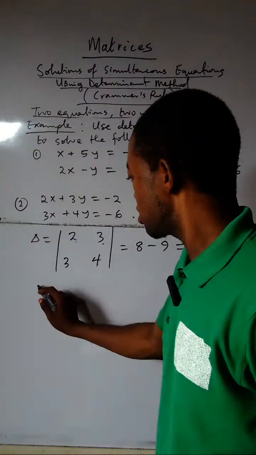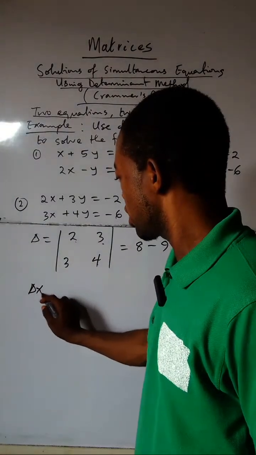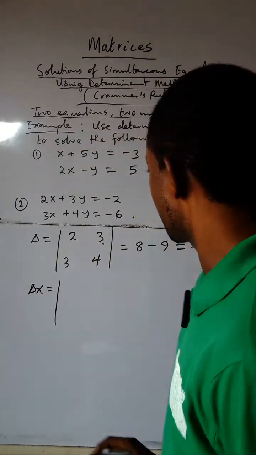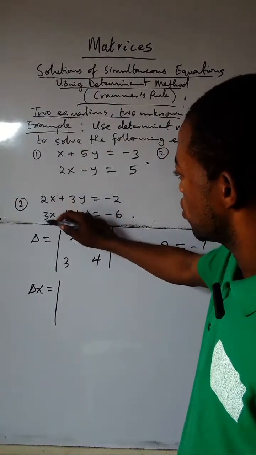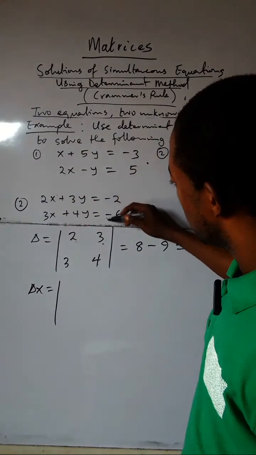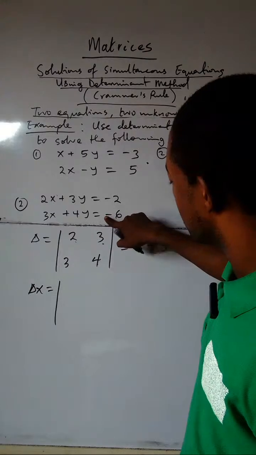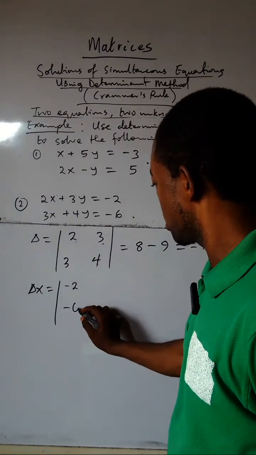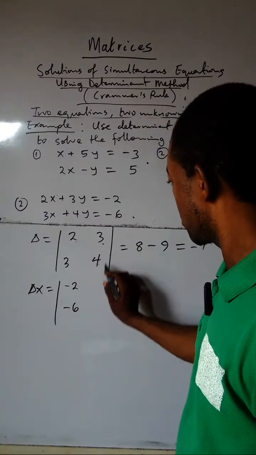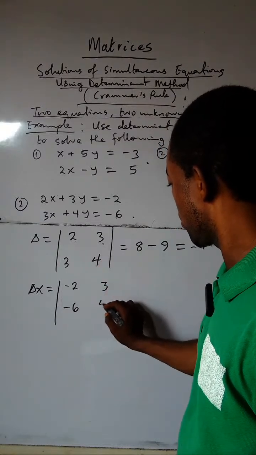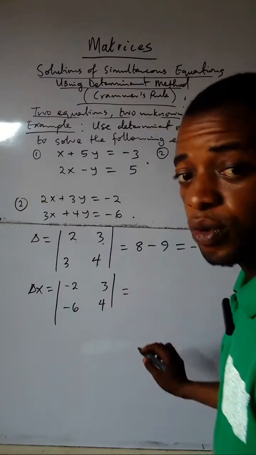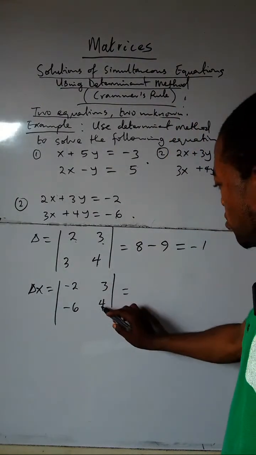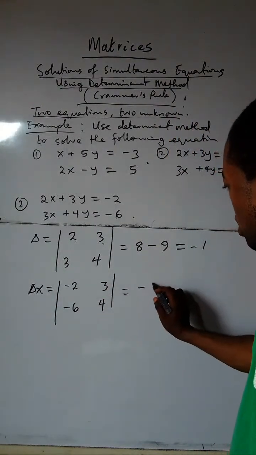Now, for the determinant with respect to x, here we replace the first column, which is the column for x, with the constants on the right hand side. That is, here we are going to have minus 2, minus 6. Then this remains the same as 3, 4. And here, when we multiply out, minus 2 times 4, that's minus 8.